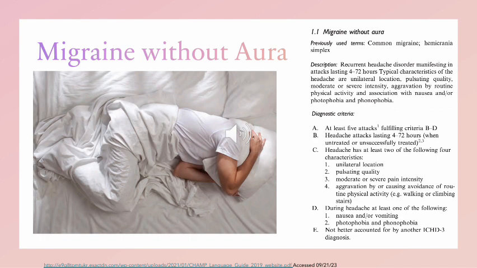The main thing to notice here is that a person with migraine doesn't have to have all of the things that are typical of migraine. So under C, you can see that it says at least 2 of the 4, and then D, at least 1 of the following. So just bear in mind that not every migraine patient will have every one of these symptoms.